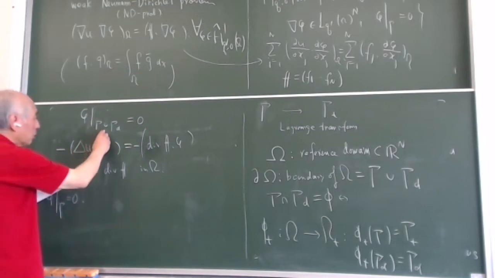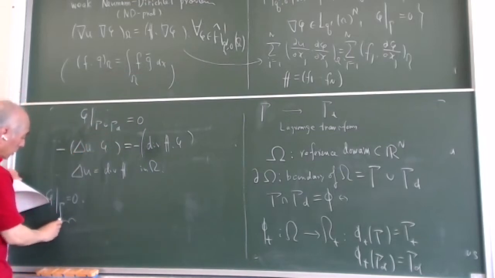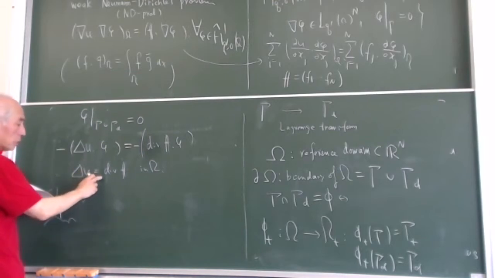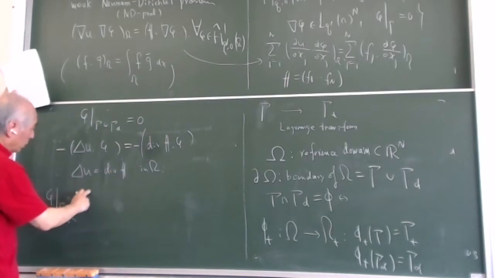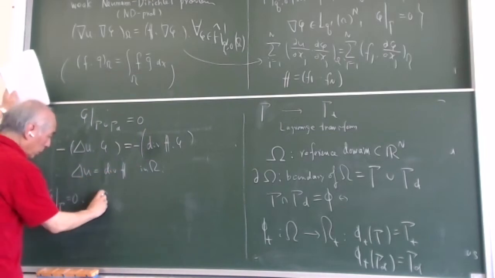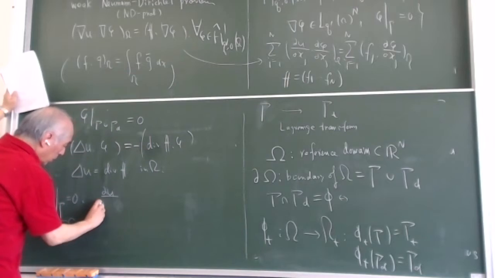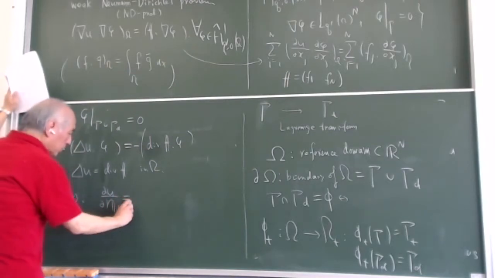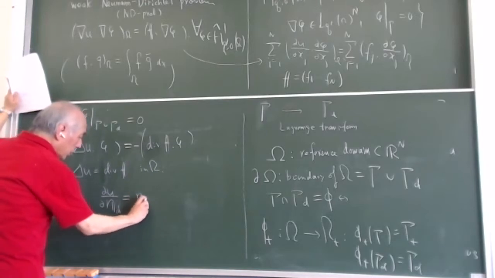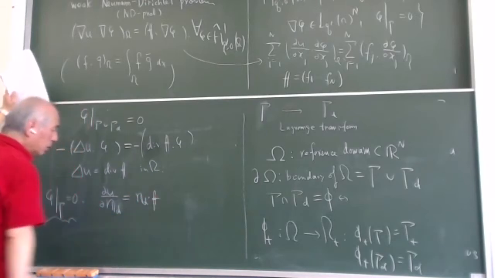Now I assume this, but this is only an assumption. Therefore, in order to get this equation, for example, we have the Neumann condition: du/dn in the normal direction is n dot f.